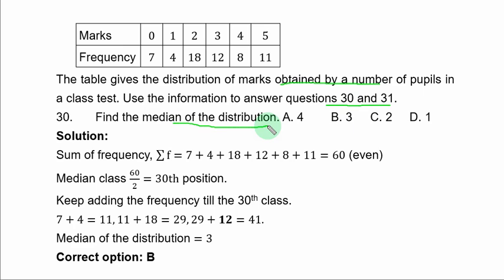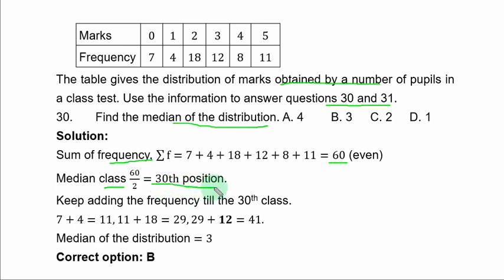When we have a median with data involving frequency, you have to get the sum of frequency. When you add all, that is 60. You have to note whether it is even or odd. Here it is even. Then we get the median class, where the median can be located. That is dividing the sum of frequency by 2, and you have the 30th position.